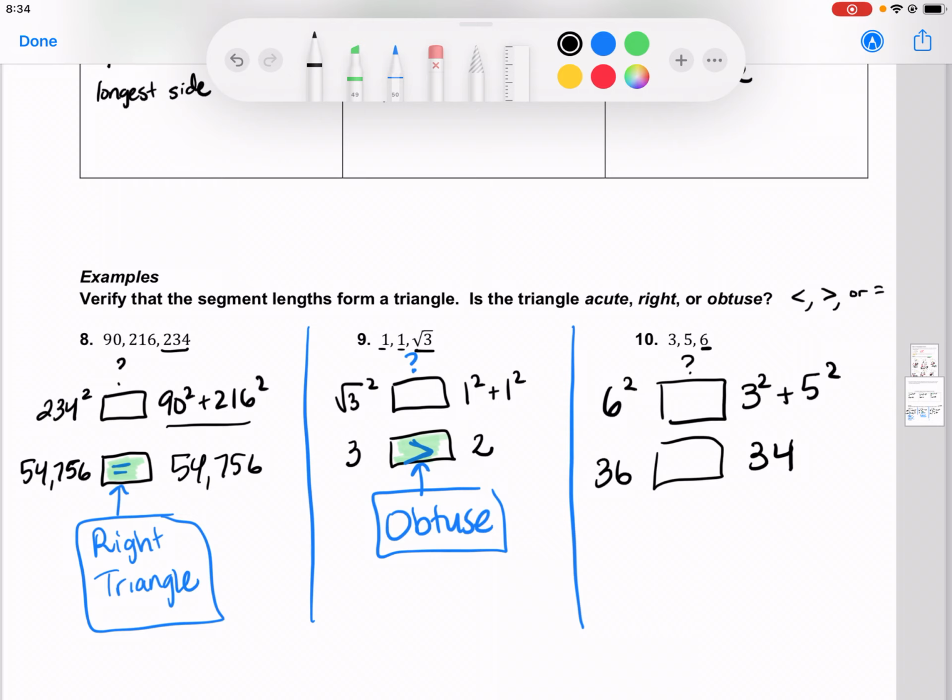So 36 is greater than 34, and so we tricked you a little bit here. Once again, this will be obtuse. And there it is.